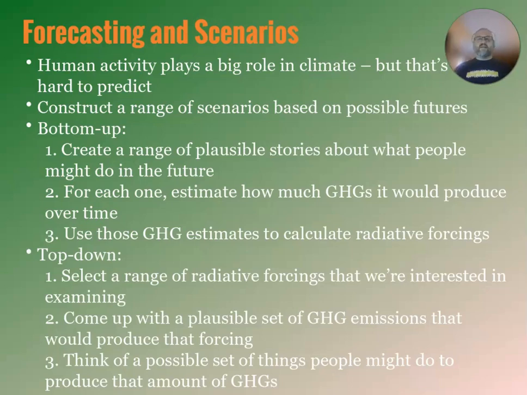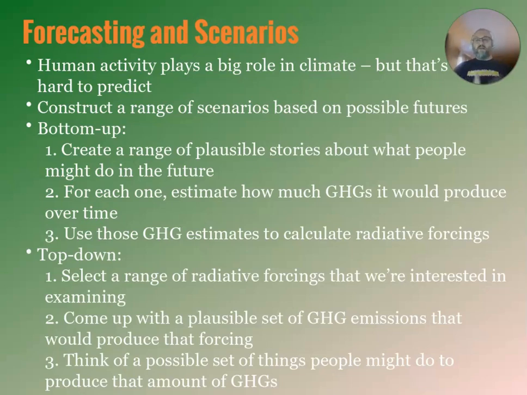So how do we put these scenarios together? Well, we have two different approaches that we might take, bottom up and top down. So a bottom up scenario, we start by creating a range of plausible stories about what people might do in the future, right? So if you're imagining, kind of like you're a science fiction writer, trying to imagine what might people end up doing in the future.